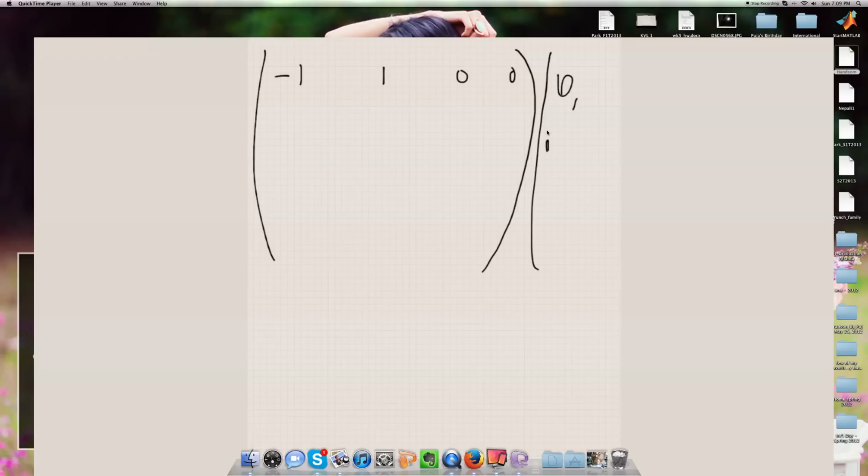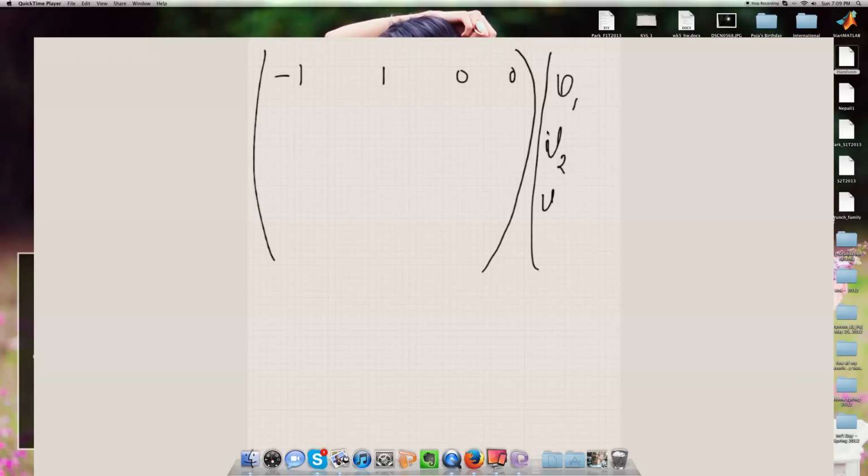So our matrix will look like minus 1, 1, 0, 0. Let's draw this fellow here. Oops. V sub 1, let's go ahead and do the other fellows too.